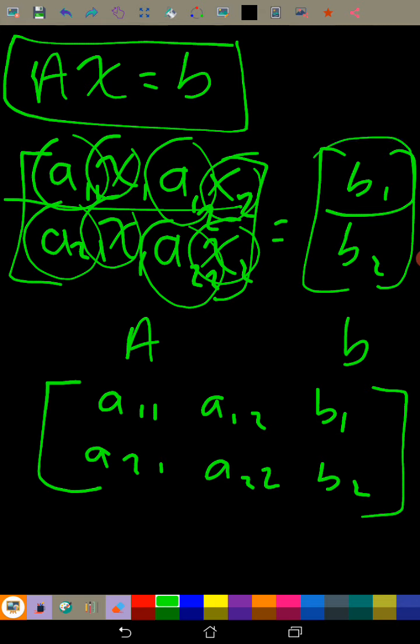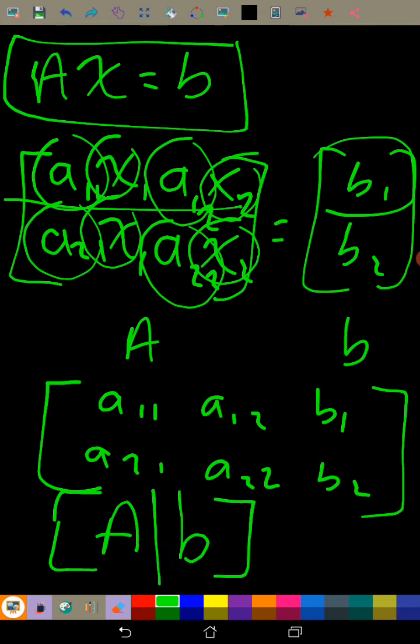You can write it like A bar b, so a Barbie doll. Then you will have A here and b here. The above is a coefficient matrix.